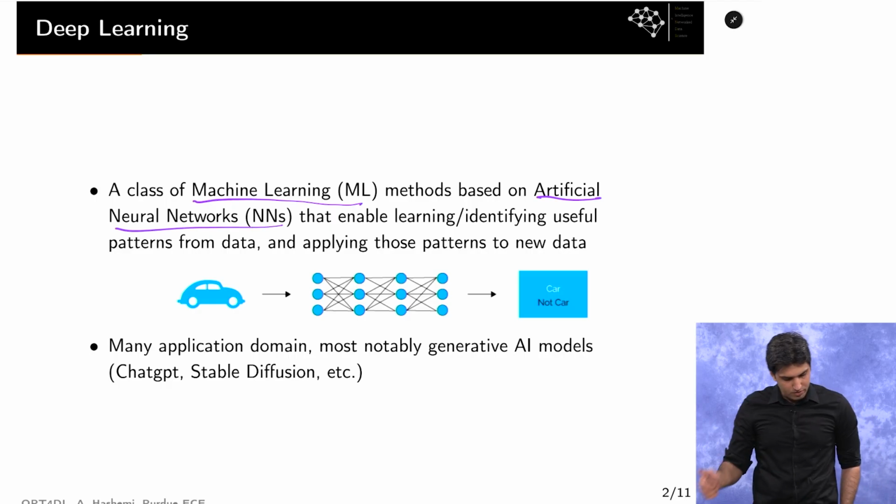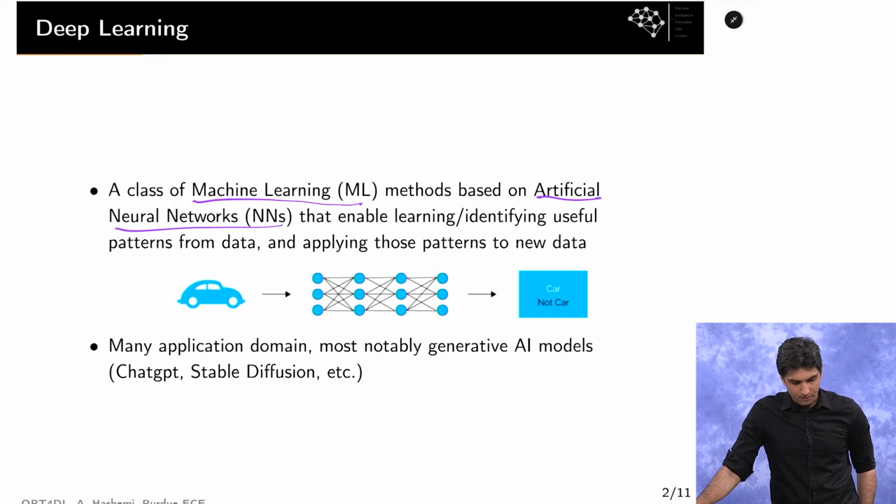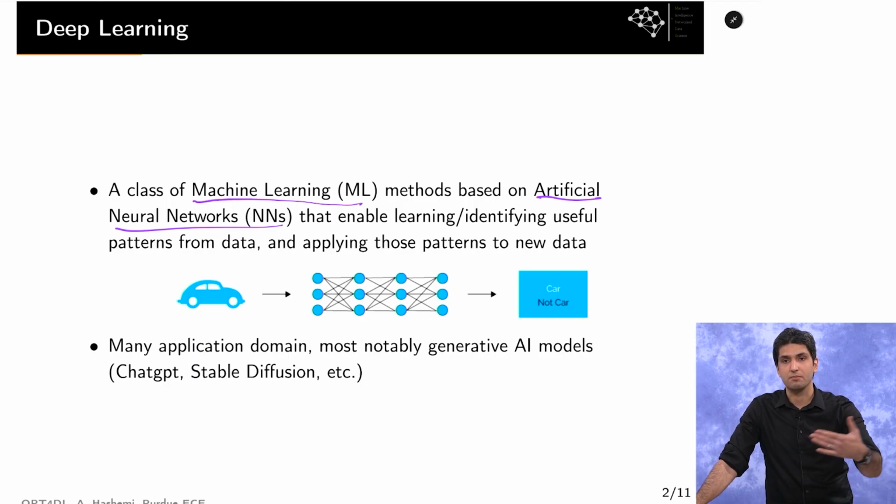And what are these? So these are basically models that are designed based on biological neural networks, right? That have neurons receiving signals, processing those signals, and passing them along to the next neurons.